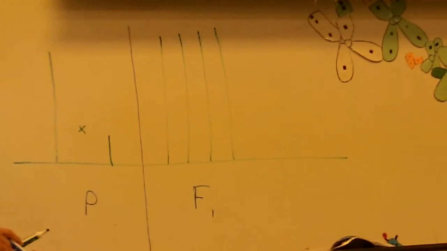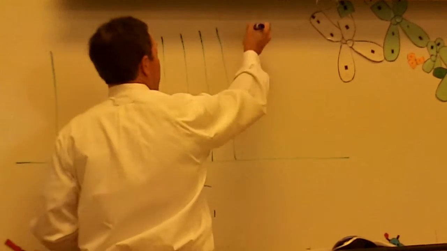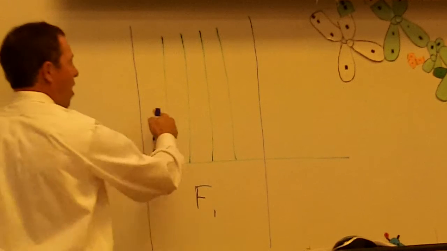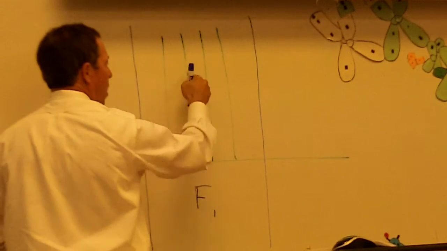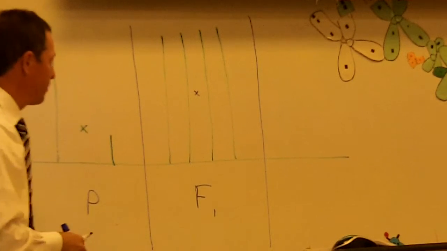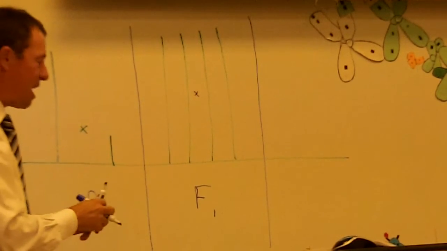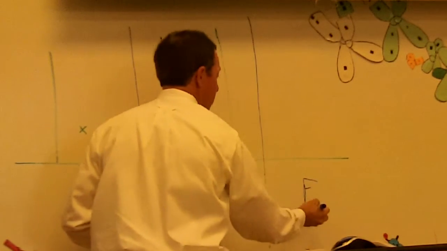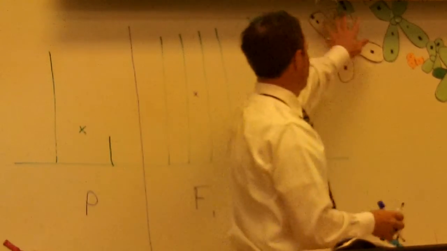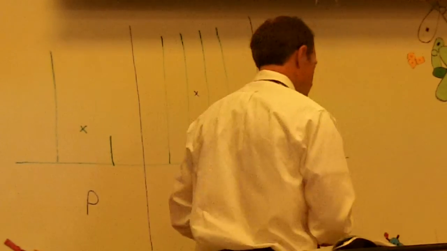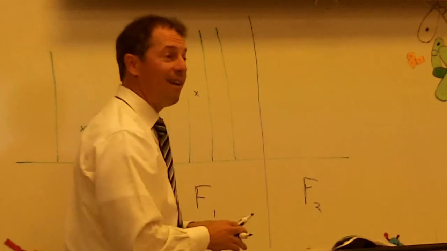So, what is it? Well, what Mendel then did was he crossed two of these F1 plants with one another to see what he'd get in this next generation. The next generation he called F2. You know what he got?